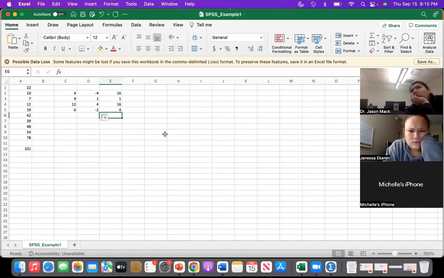33.1. So equals 22 minus 33.1. No, it didn't work. Filling down does not work, so we just have to change the formula. So then we just change this to the same thing we just did, the one that I showed you.